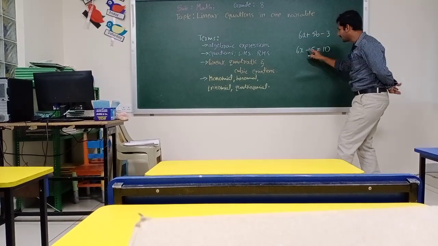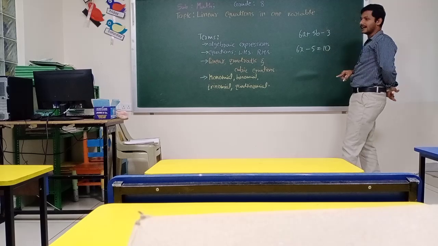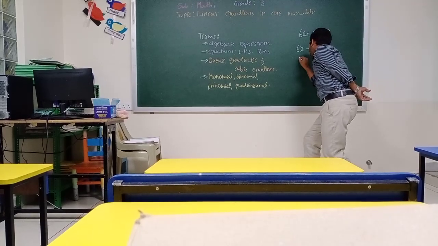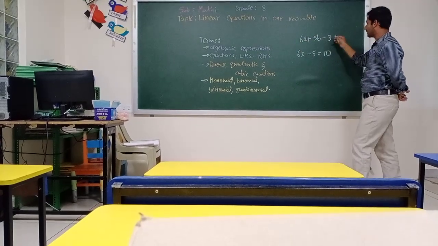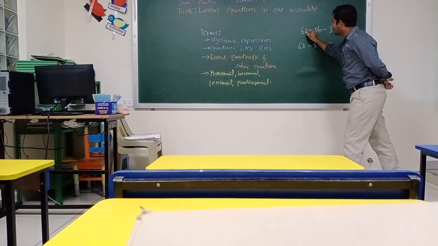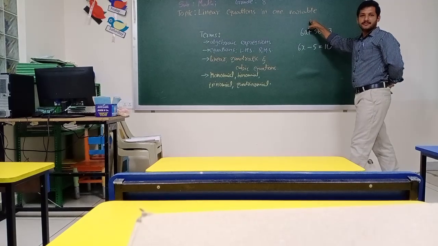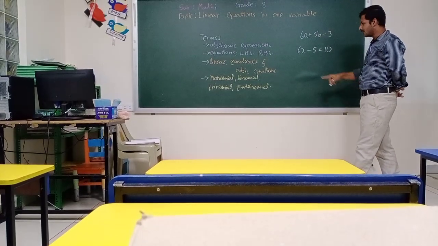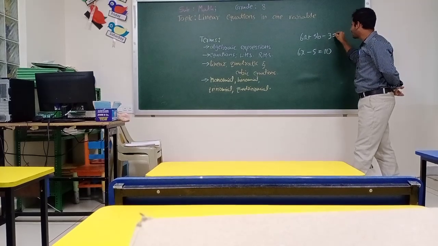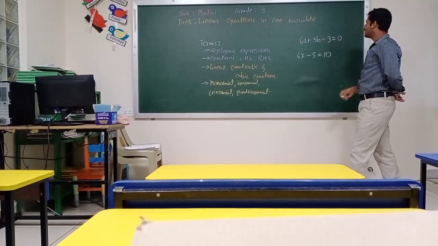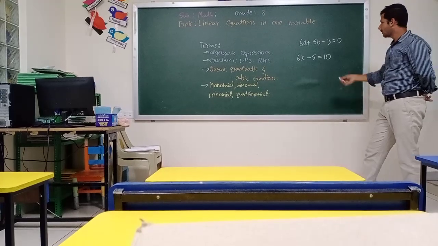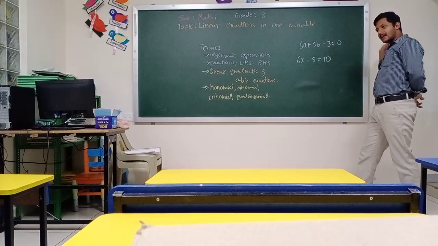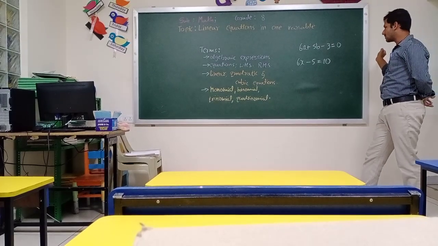Here if we have variables like x, y, z, for example, look at the first equation. Here the power of a is 1, the power of b is also 1. So it is a linear equation. A linear equation has LHS and RHS, and we can write the RHS as 0.